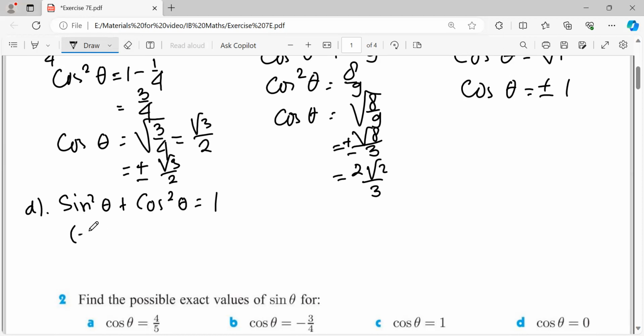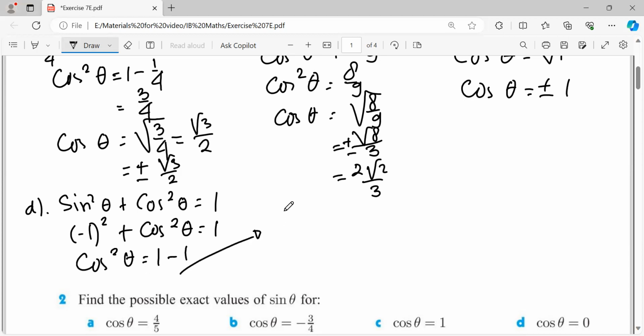Negative 1 squared plus cosine squared theta equals 1. So cosine squared theta equals 1 minus 1, so cosine squared theta equals 0. So cosine theta equals 0.